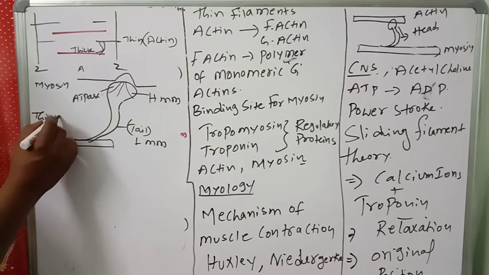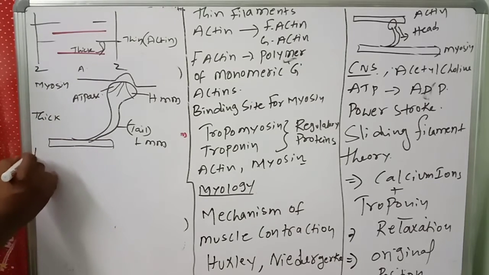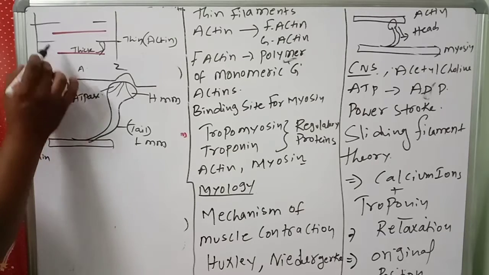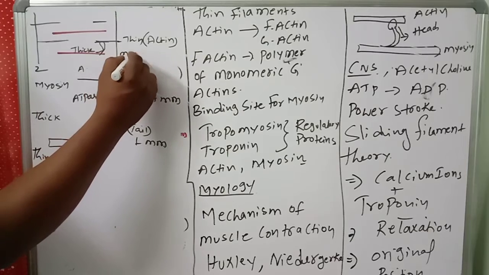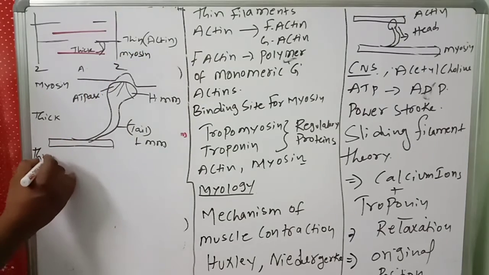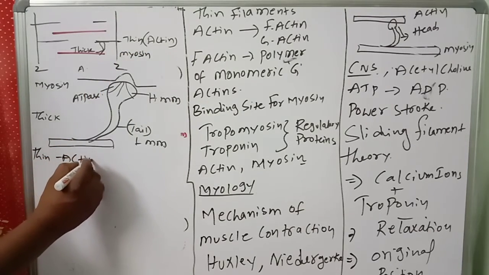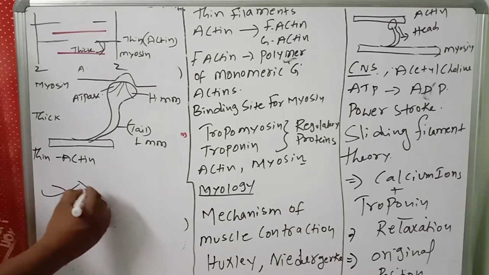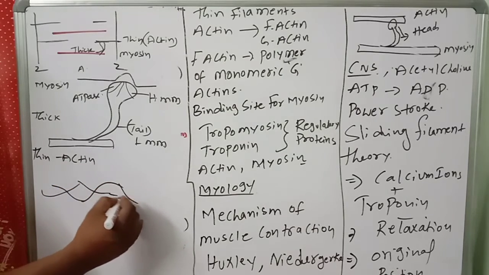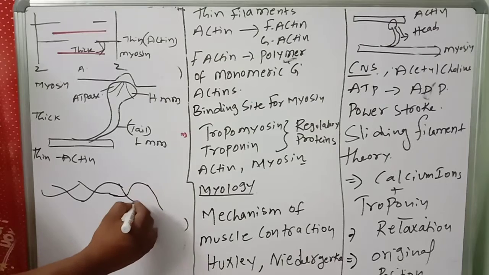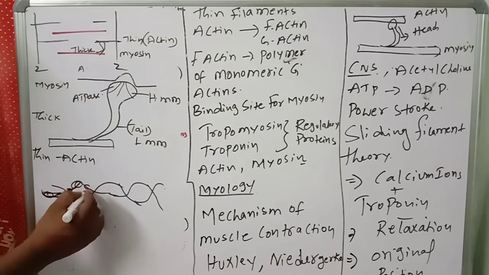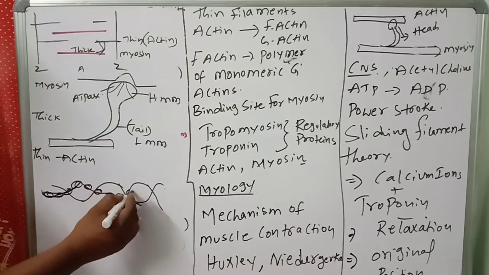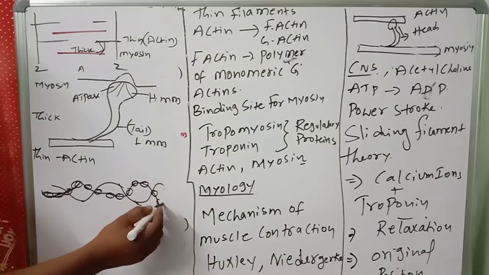This is the thick filament. What about the thin filament? Thick means myosin, you know very well. Now we will discuss actin. Thin actin is very simple, you see, like this. These are round structures, globular actins, G actins.